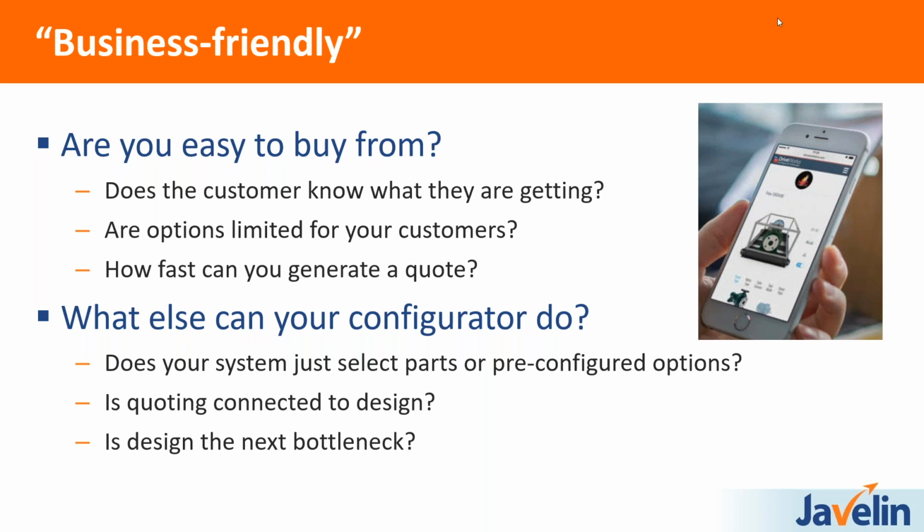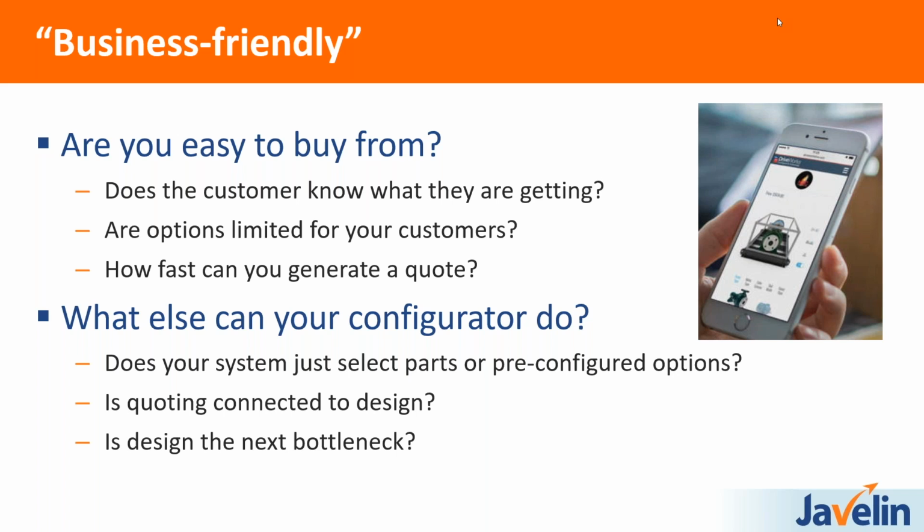So when you look at configurators, are you just selecting parts of pre-configured options? And if so, how are those drawings being generated? Could you design variants that don't already exist with your system? And if they don't already exist, how can you generate the drawings to fabricate and manufacture those products?